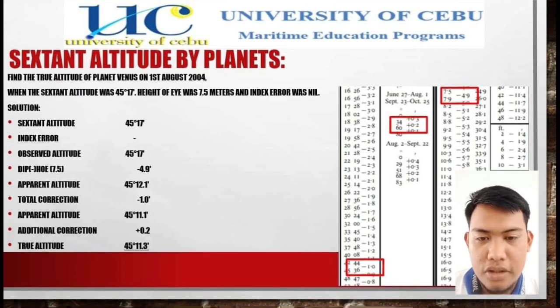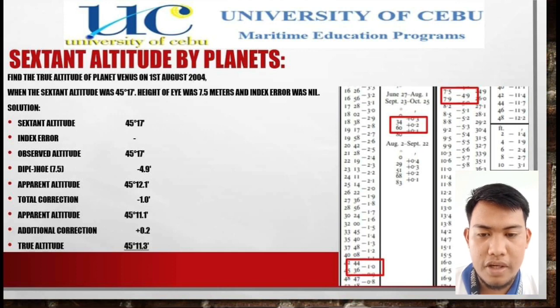Sextant altitude by planets. Find the true altitude of planet Venus on 1st August 2004 when the sextant altitude was 45 degrees 17 minutes. Height of eye was 7.5 meters. Solution: sextant altitude 45 degrees 17 minutes, observed altitude 45 degrees 17 minutes.